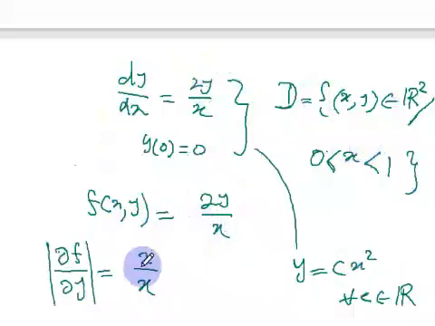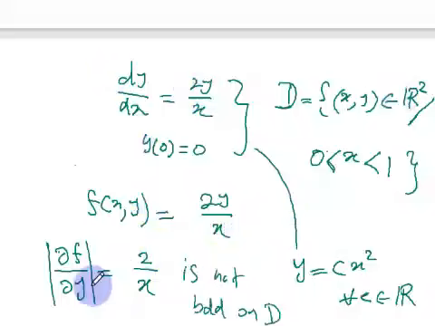Therefore, it is not Lipschitz continuous. That means the solution is not unique. That means this has infinitely many solutions.